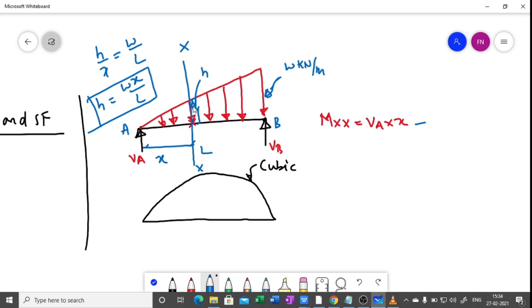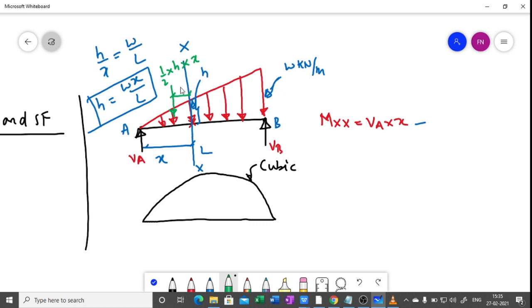From here to here you are getting some portion of the UVL. The total load of the UVL will act at the centroid of this small triangle. The area of that triangle is half into base into height, that is half into h into x.